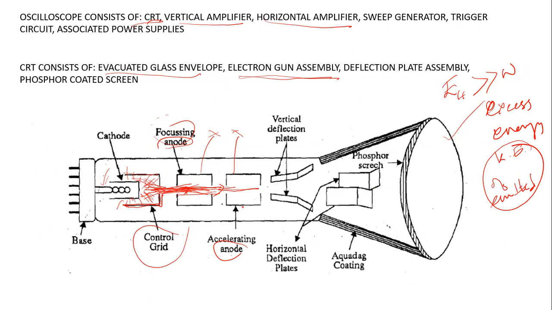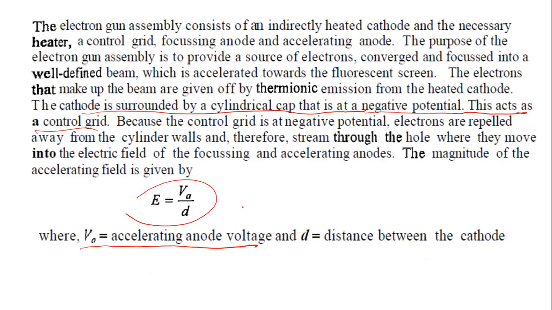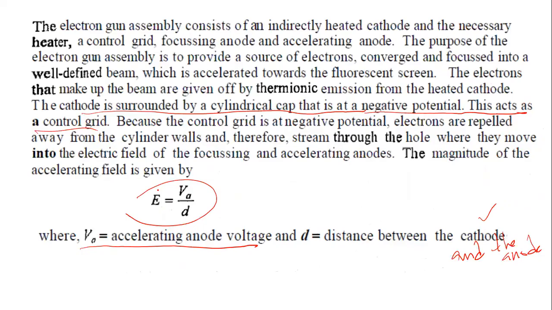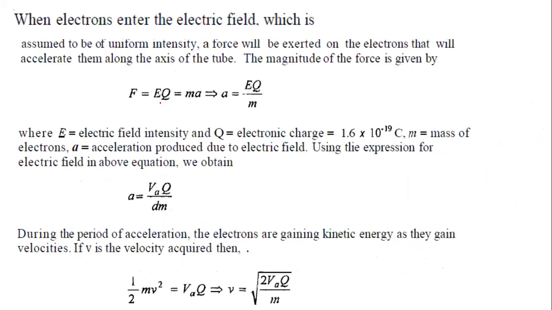If VA is your accelerating anode voltage, and D is the distance between the cathode and the accelerating anode, then E will be the electric field applied on the electrons or the charge released from this electron gun assembly. The force acting on such a charge will be the electric field multiplied by the charge. Okay, E into Q will be the force.